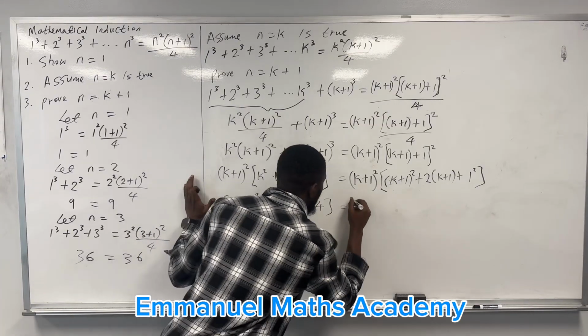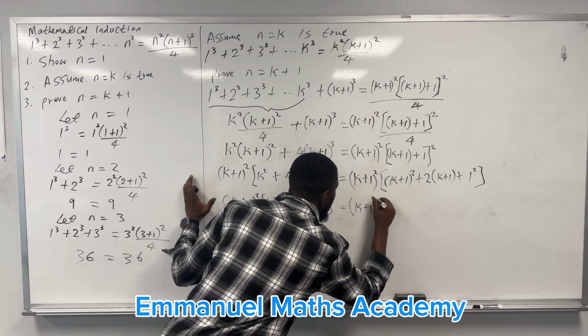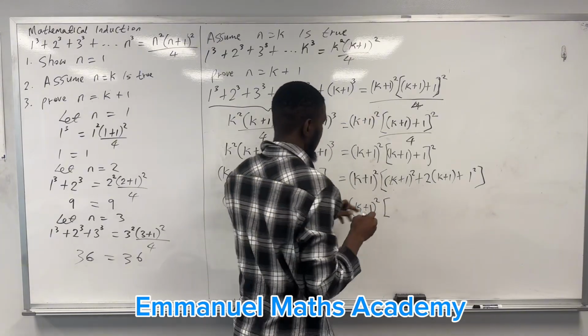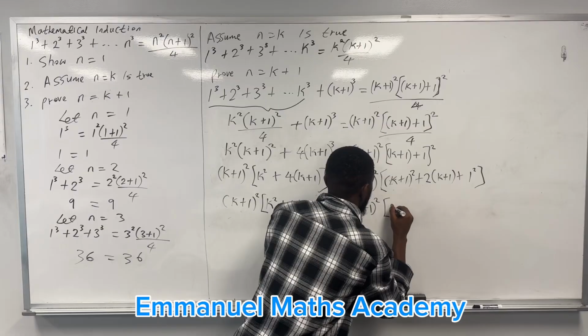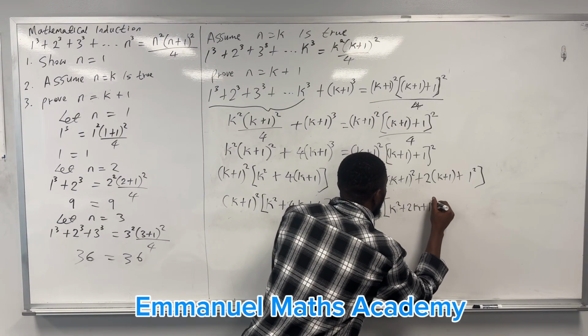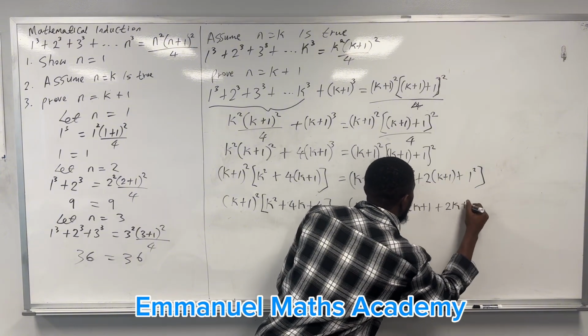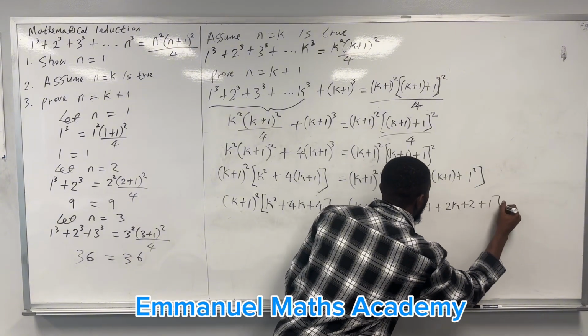This is equal to K plus 1 squared into, this is K squared plus 2K plus 1, right? Plus 2K plus 2 plus 1.